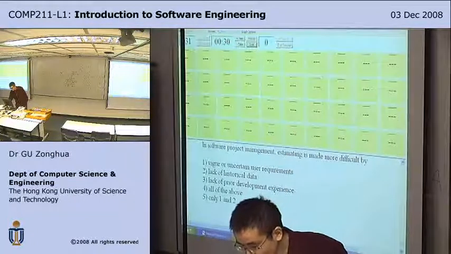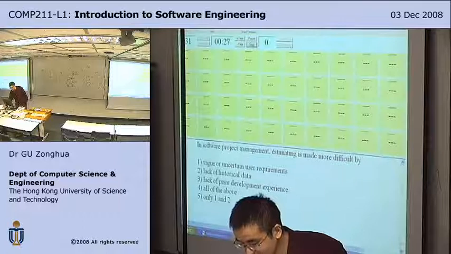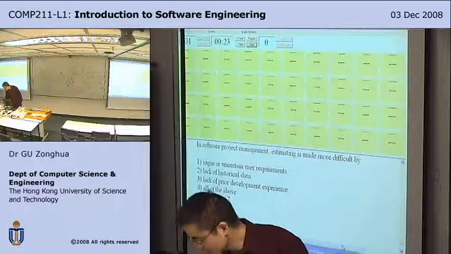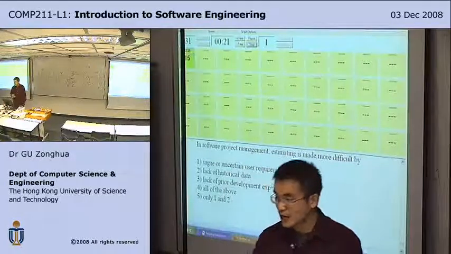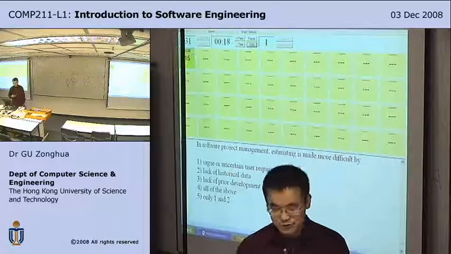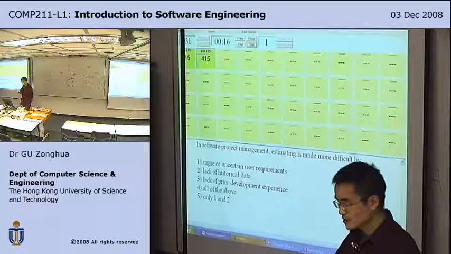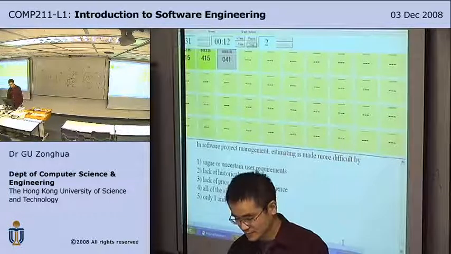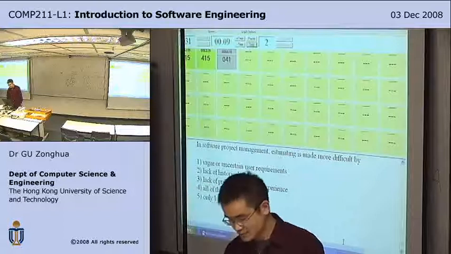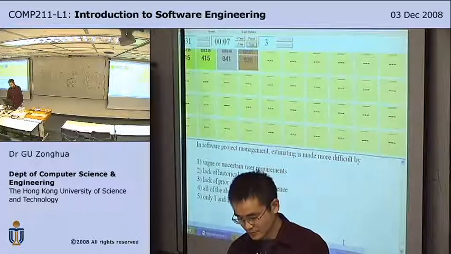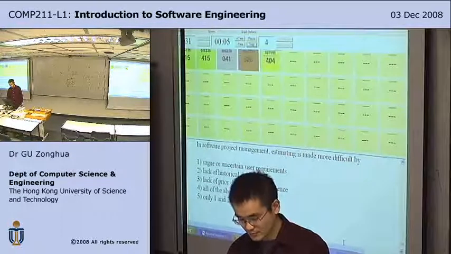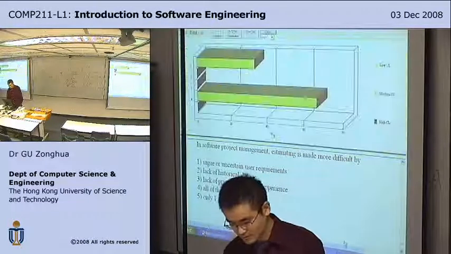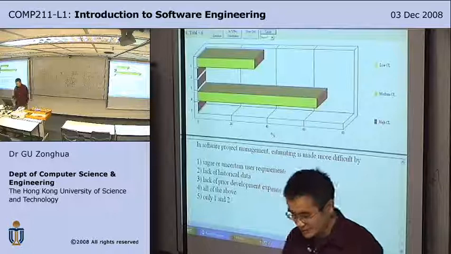In software project management, estimating is made more difficult by what? Estimating means that you estimate the time and the resources needed for a particular subsystem or module. It's all of the above.